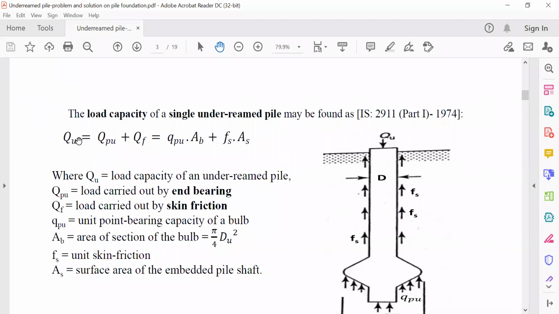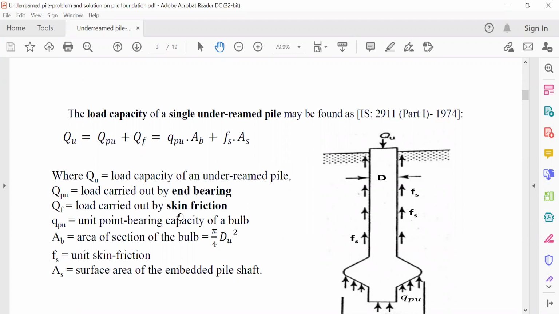So the load carrying capacity of an under-reamed pile Qu will be definitely equal to the load taken by this bulb. आप देखिए कि एरिया आपने जब पाइल्स का बढ़ा दिया, डायमीटर बढ़ा दिया, तो मिट्टी ज्यादा रुक सकेगा. इज इट क्लियर? यहाँ समझ में आ रहा है? एरो जो दिखाई पड़ रहा है, आप इस एरिया को, इस डायमीटर को बढ़ा दीजिए, तो आप देखेंगे कि मिट्टी ज्यादा रुकावट लेगा ना. यहाँ मिट्टी तो ज्यादा रुकेगा, राइट. ऊपर से लोड आएगा तो मिट्टी ज्यादा रुक सकता है, क्योंकि आपने ये बल्ब का डायमीटर बढ़ा दिया है.